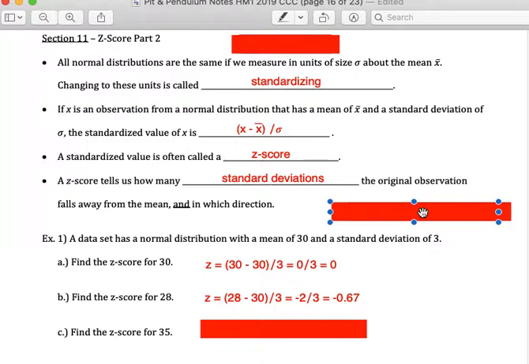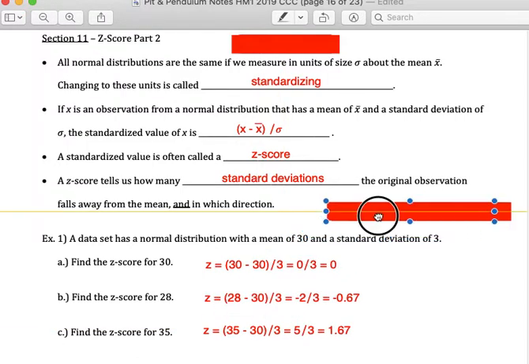It's negative 2/3. If you want to reduce that before you put in your calculator, you can. We usually round to the nearest 2 decimal places for z-scores because the z-score table goes out to the hundredths place, so negative 0.67. And then on C, the z-score of 35 would be 35 minus 30 divided by 3, or 5 divided by 3, which is 1.67.